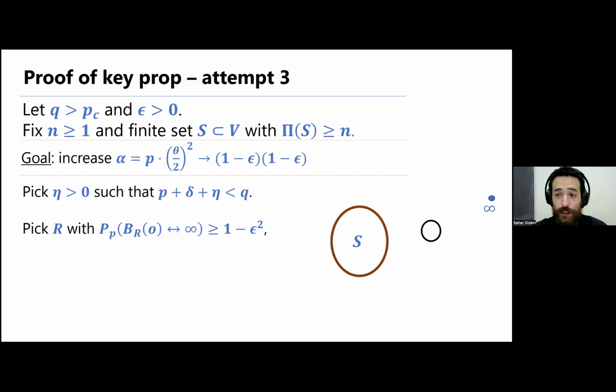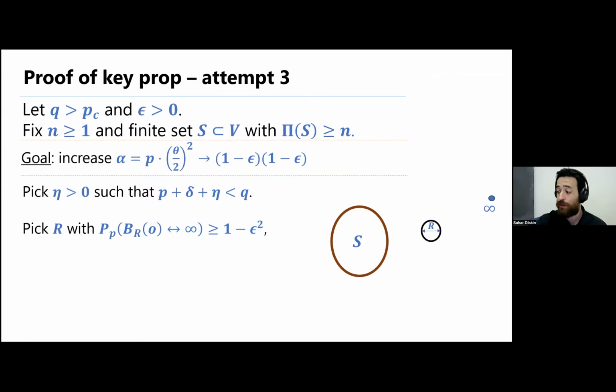Eventually, there is some fixed constant R, depending on epsilon, such that if I take a ball large enough, this property holds. And if this property holds, then by the square root trick, just looking at these two events, I know that for every fixed point, the ball around it has probability at least 1 minus epsilon to go either to infinity or to S. So I replaced the edges now by balls of radius R.